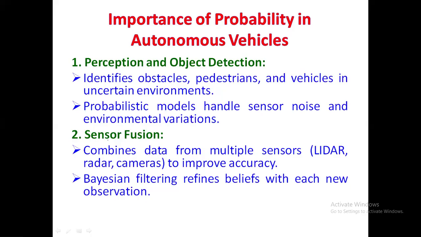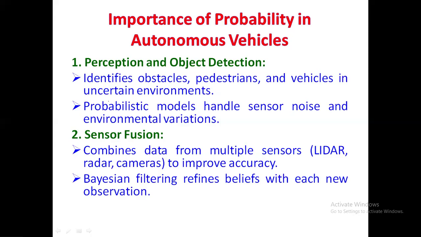Autonomous vehicles rely on perception systems to detect and identify objects in their surroundings, such as other vehicles, pedestrians, and obstacles. These systems use sensor data from cameras, lidar, and radar, which are inherently noisy and uncertain due to environmental conditions, sensor limitations, and occlusions.